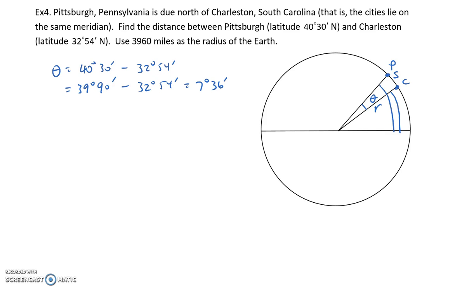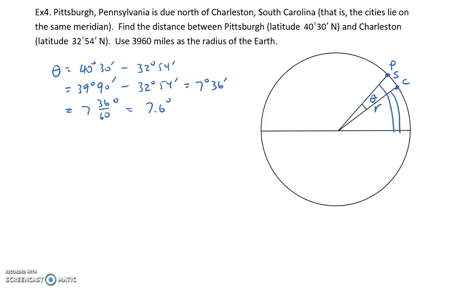Now, 36 minutes is 36/60ths of a degree. So we could also write this as 7 and 36/60ths of a degree, which in decimal form would be 7.6 degrees. 36/60ths is the same as 0.6.